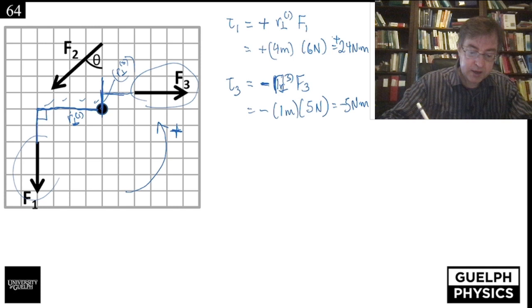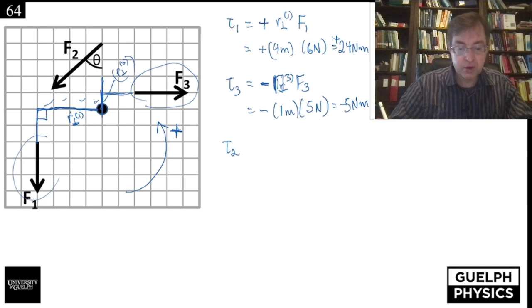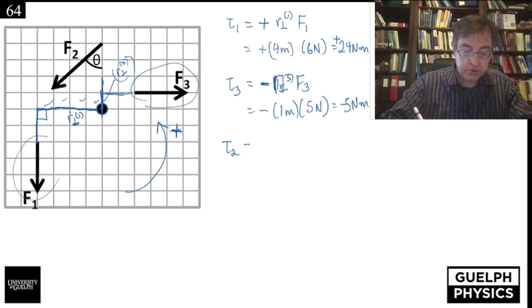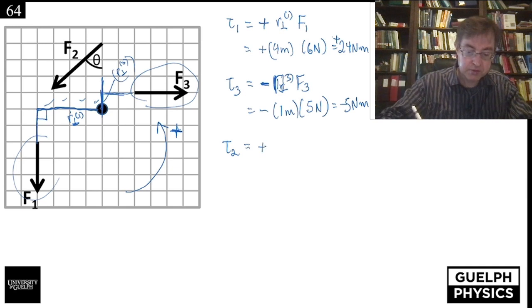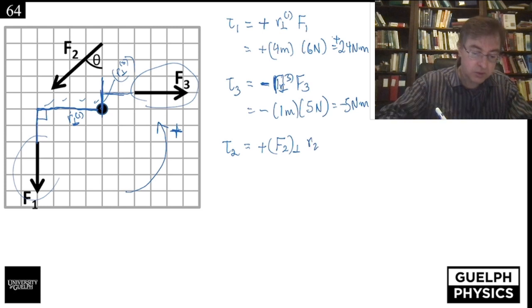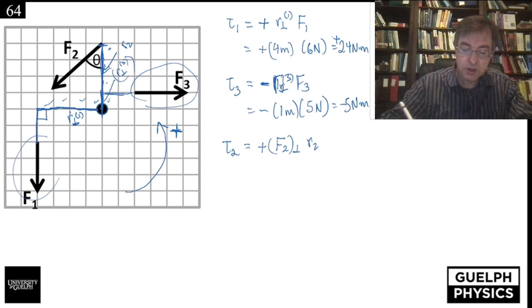And then finally, I come back to the slightly more difficult case of torque 2, because there's an angle involved with F2. Now, F2 is in the counterclockwise sense, so there's going to be a positive sign. I'm going to use the formula with F2 perpendicular in it, and then just R2, where R2 is this distance here, which is 1, 2, 3, 4 units.